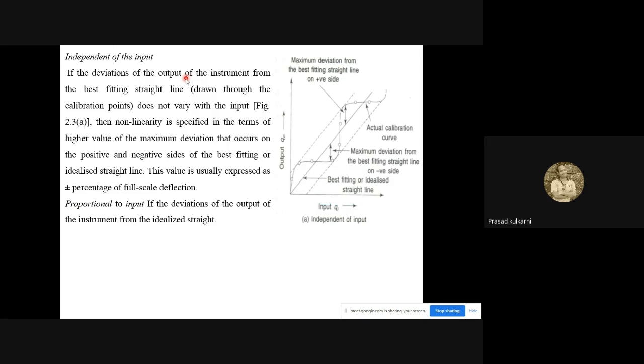If the deviation of the output of the instrument from the best fitting straight line does not vary with the input, we can see this diagram, output versus input, indicated by qo and qi. Here you can see this line, the actual calibration curve, and this is the maximum deviation from the best fitting straight line.